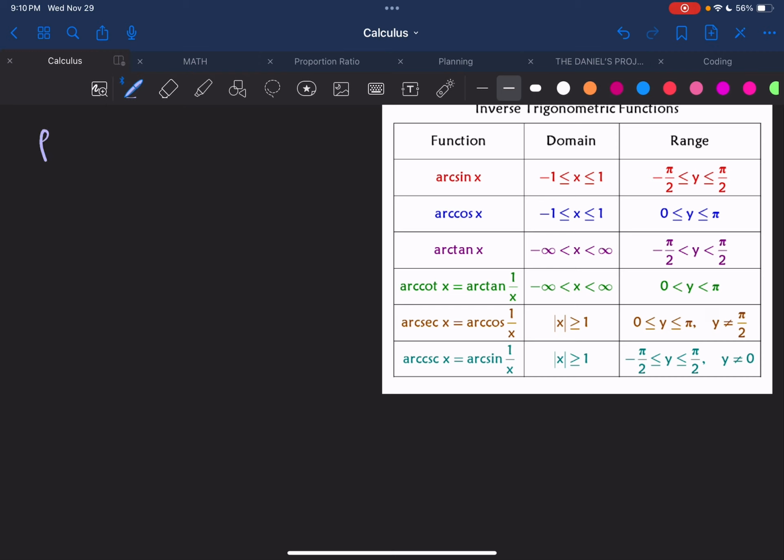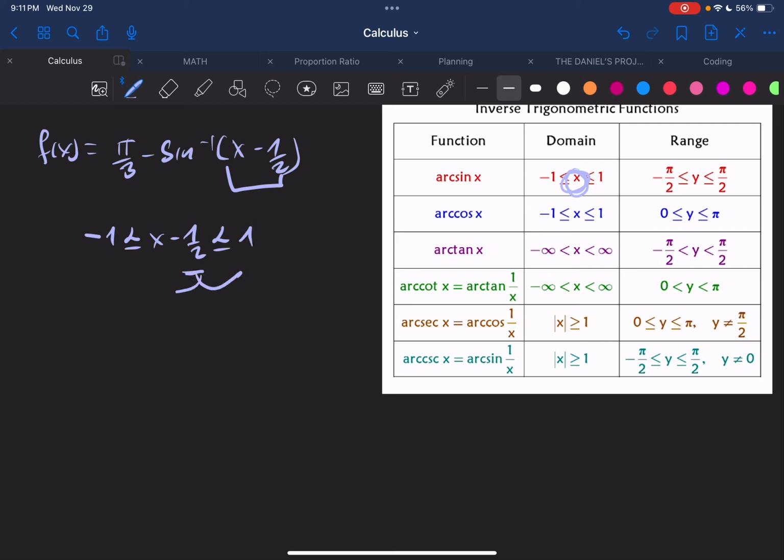Since my equation is f of x equals pi over 3 minus sine inverse, which is the same as arcsin, of x minus 1/2, I'm going to take what is happening inside here and substitute it for x and solve. So now I get -1 is less than or equal to x minus 1/2, which is less than or equal to 1. I'm going to add 1/2 on both sides.